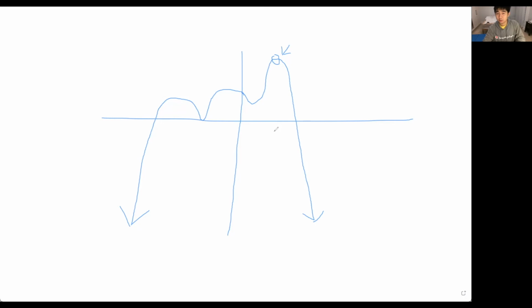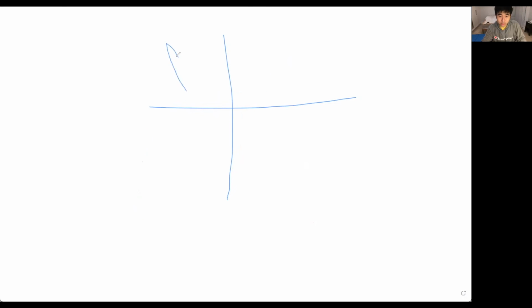Now, what about the absolute minimum? Well, in this situation, it doesn't have one, because the graph just goes down forever, as you can see indicated by the arrows. When it goes down forever, it doesn't have an absolute minimum. And the same applies if it were the opposite. If the graph were pointing up, so for example, say we had a graph like this.